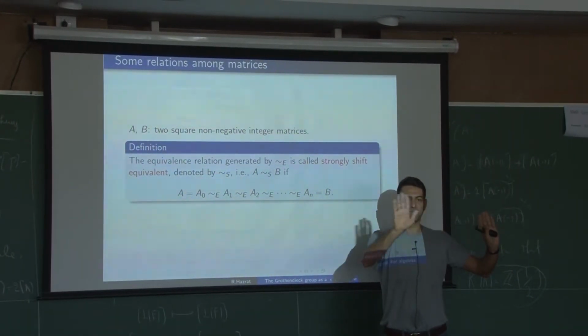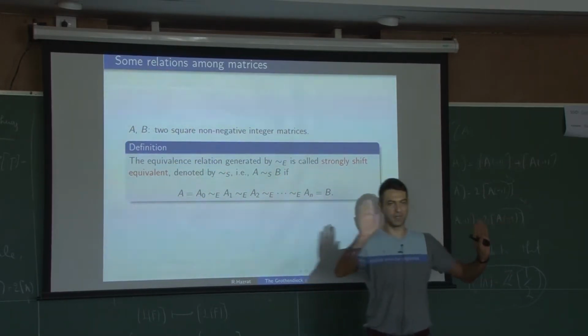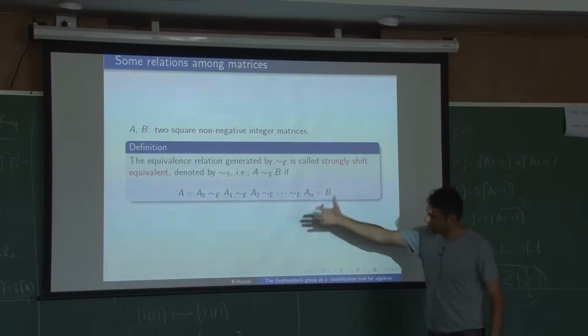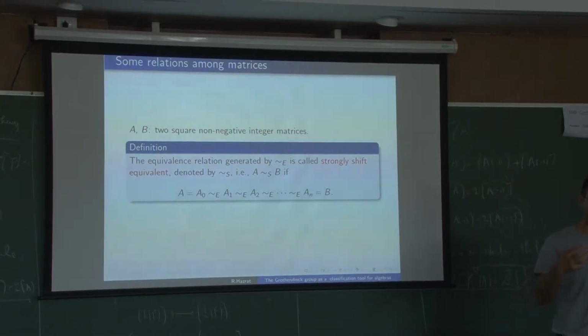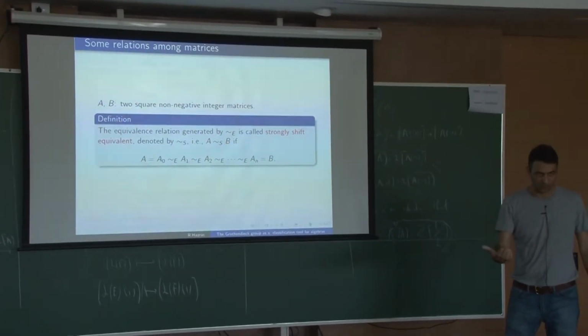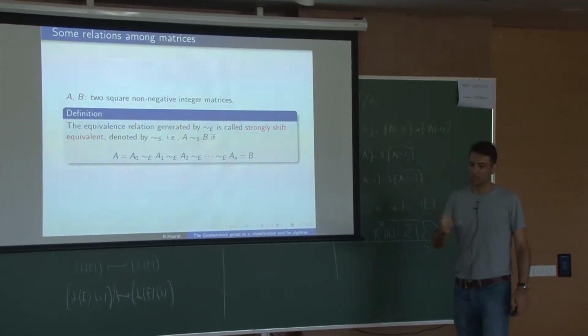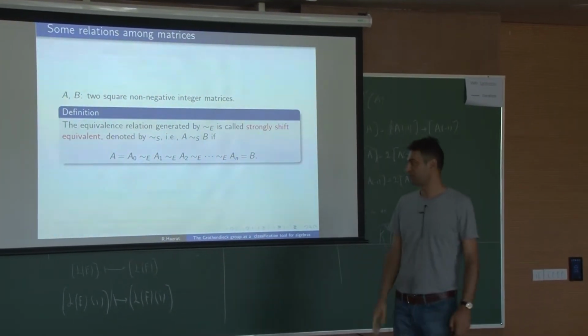So there is no R and S such that RS gives me this, SR gives me this. So I have to go step by step. If I want to put this in a more intelligent way, I would say that you have elementary shift equivalence, and I'm generating an equivalence relation, and that's it. So strong shift equivalence gives you an equivalence relation between matrices.